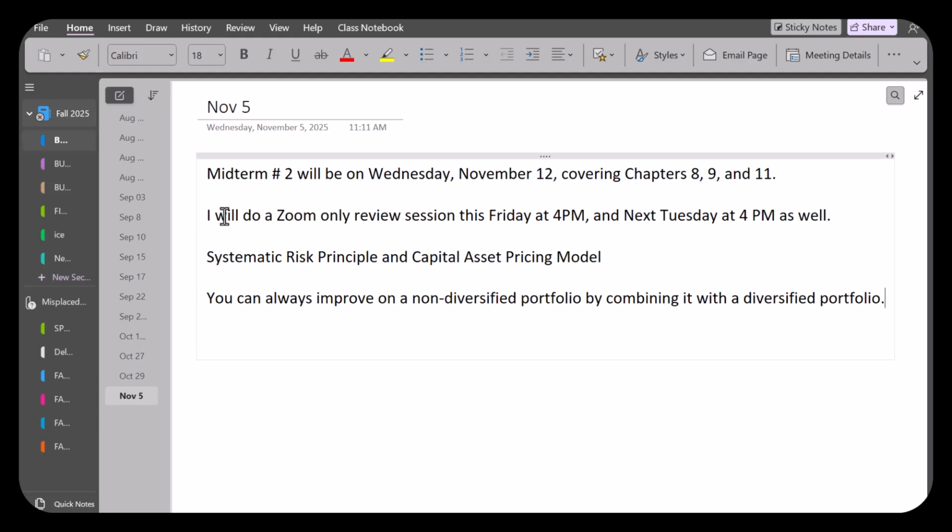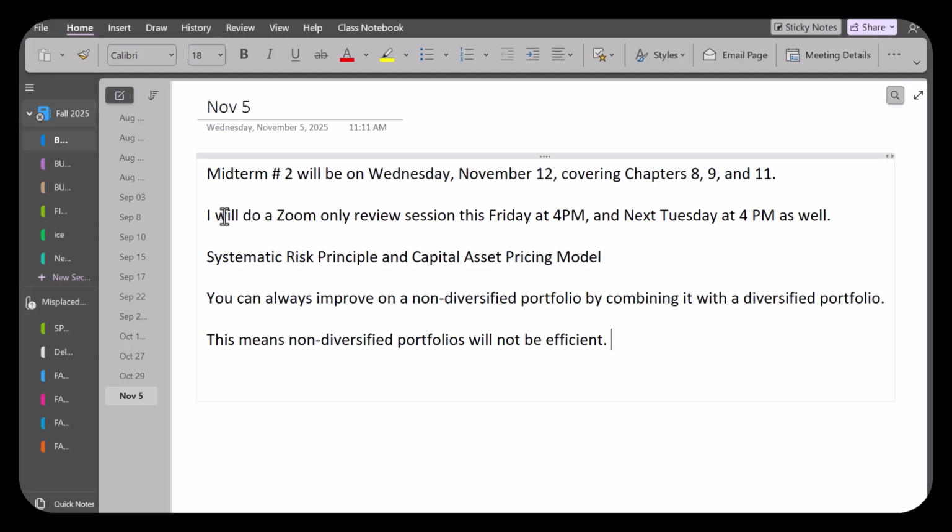If you give me a non-diversified portfolio, I can find you a combination of that portfolio and another diversified portfolio that's going to give you better expected returns and less risk. This means non-diversified portfolios will not be efficient, or they will be inefficient.